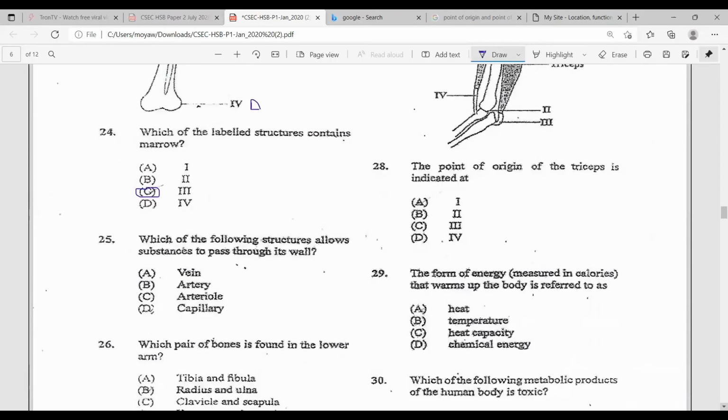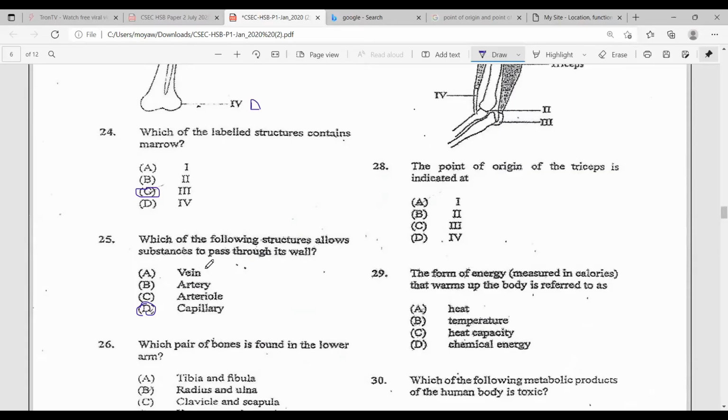If you did not figure that out, that's why that is the best option, because that's where the bone marrow would have been. 25. Which of the following structures allows substances to pass through its wall? So we have A, vein, B, artery, C, arteriole, D, capillary. The best option is the capillary, being that they're one cell thick. They are pretty small and they facilitate gaseous exchange.